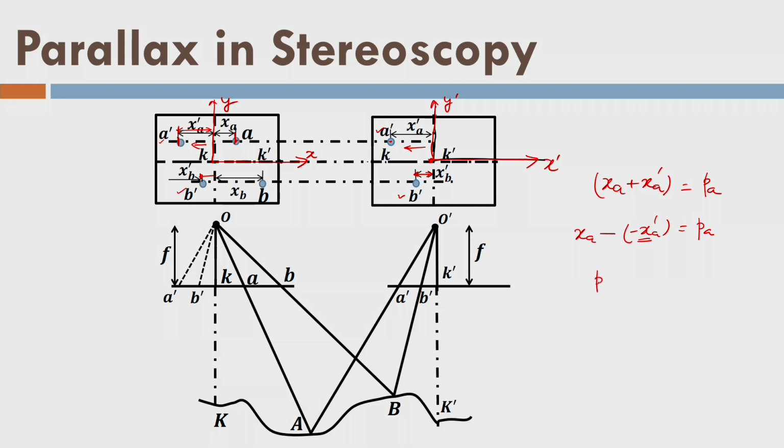Similarly, PB is nothing but XB plus XB dash, which is XB minus XB dash since it is again the negative coordinate, and I get XB plus XB dash as my total parallax. So, that is the shift in the location of the point on the image because of the two successive exposures of the camera.